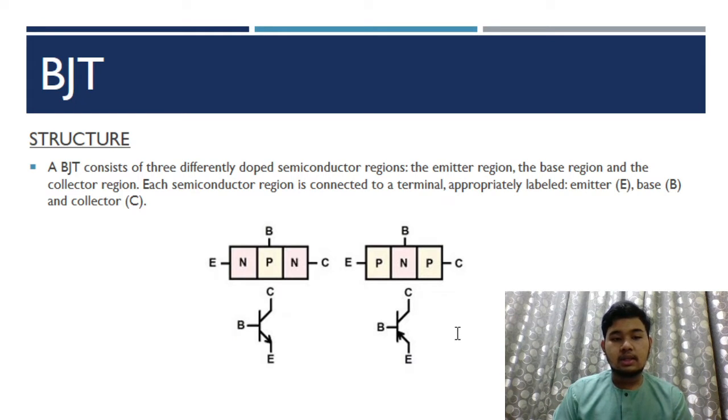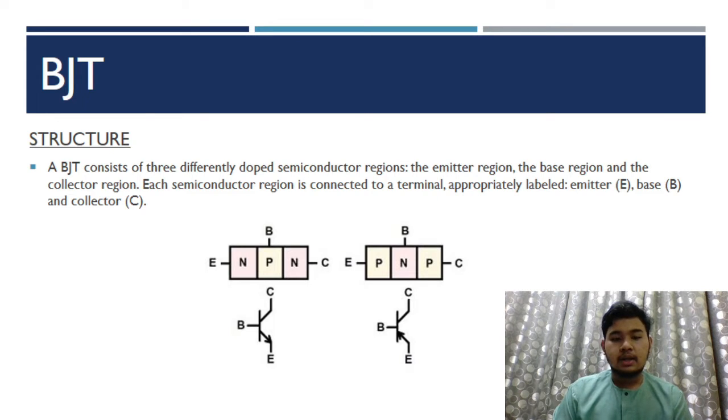Each semiconductor region is connected to a terminal appropriately labeled E for emitter, B for base, and C for collector. The base is physically located between the emitter and the collector and made from lightly doped, high resistivity material.